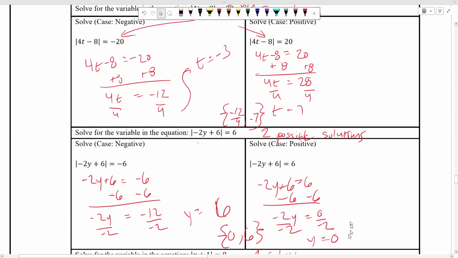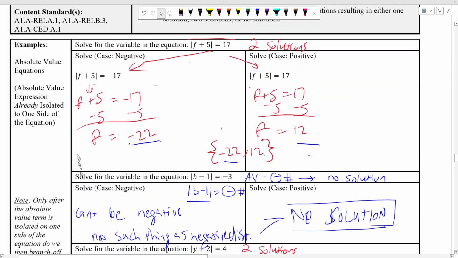What we just did were cases in which the absolute value expression was already isolated. It's already in the form of this equals stuff. We didn't have to do anything. We could immediately branch off into our two different decision paths.